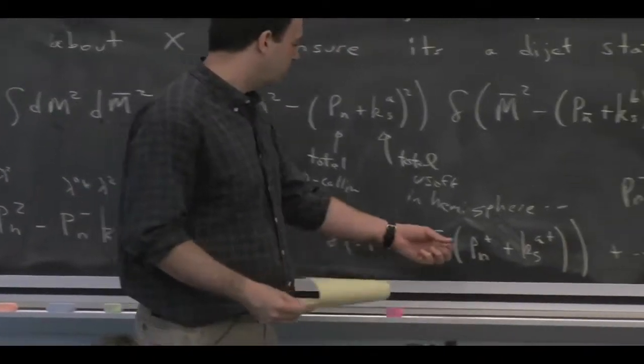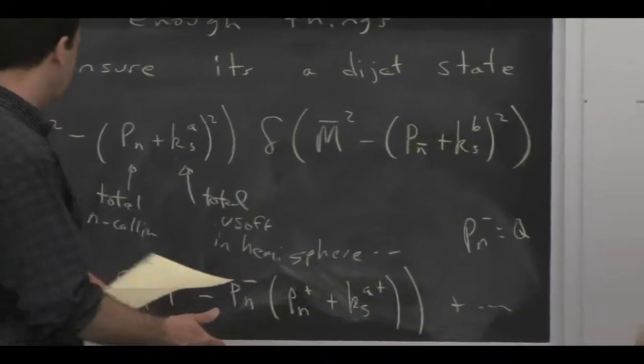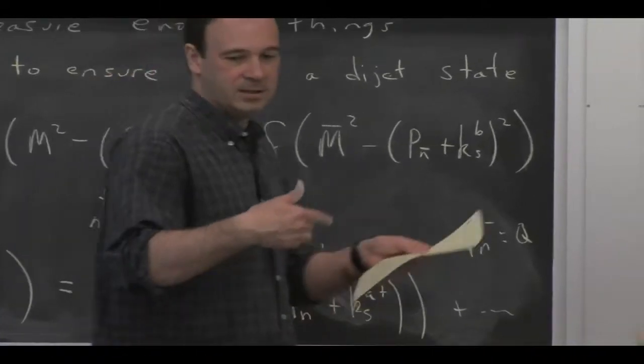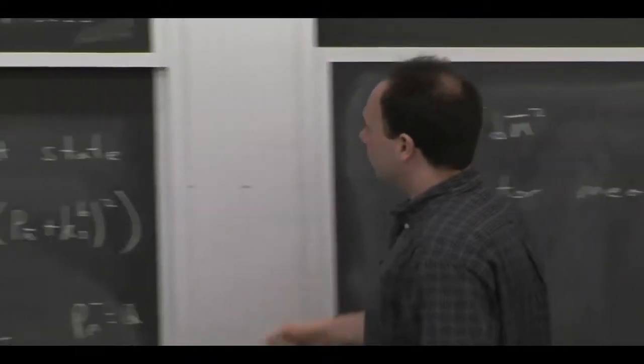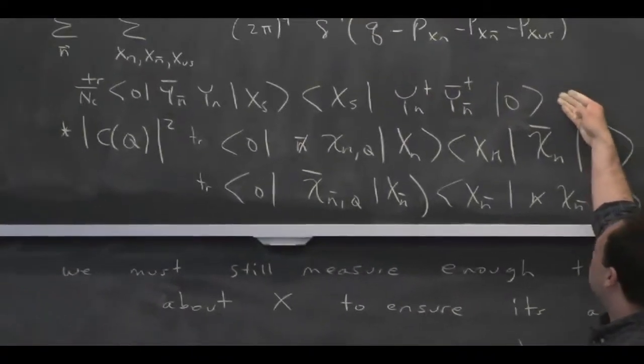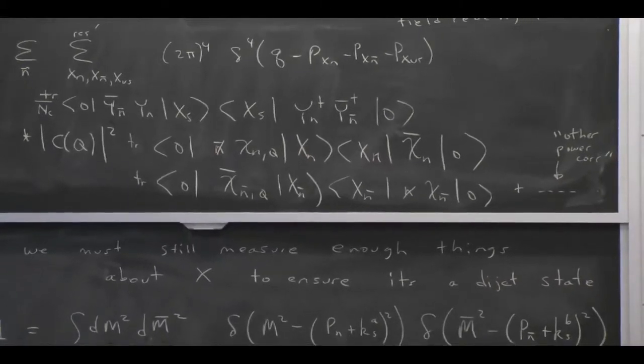So this measurement here involves a sum of a plus momentum in collinear and a plus momentum in soft. And it's all in one delta function. We'd like to write it as separate delta functions that we can associate with those different parts here. We'd like to have a separate thing here from these guys. And that's actually very easy to do.